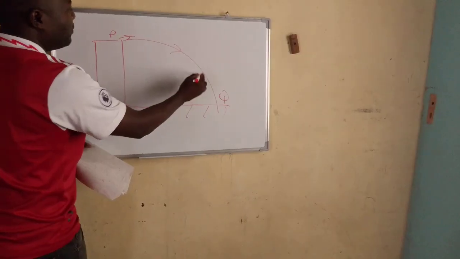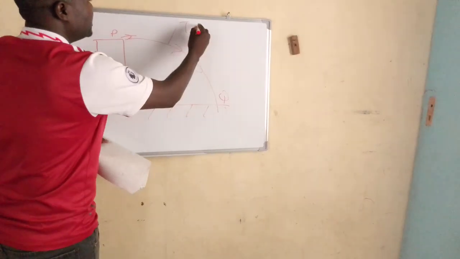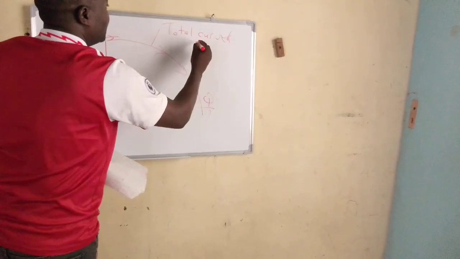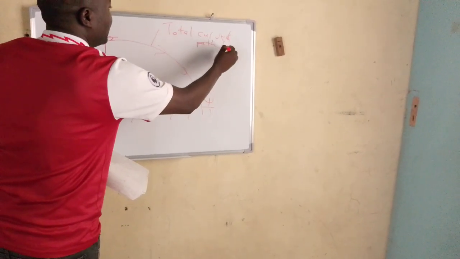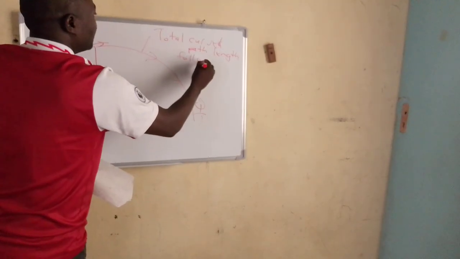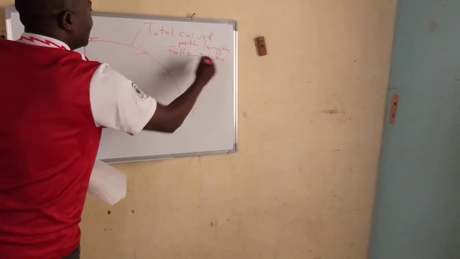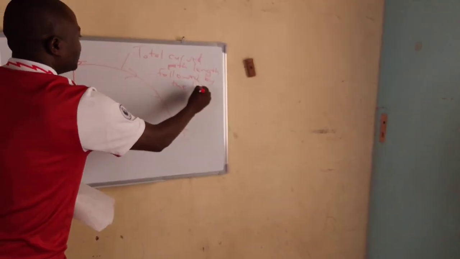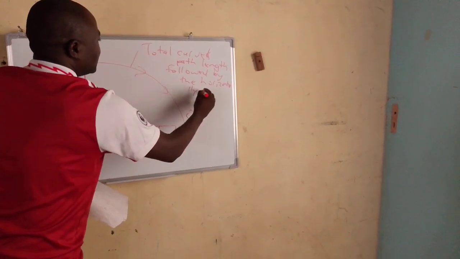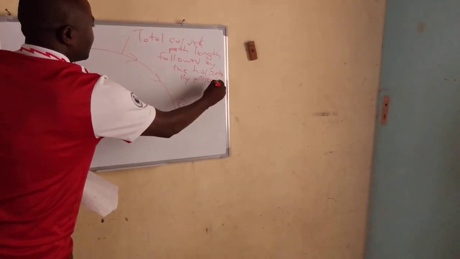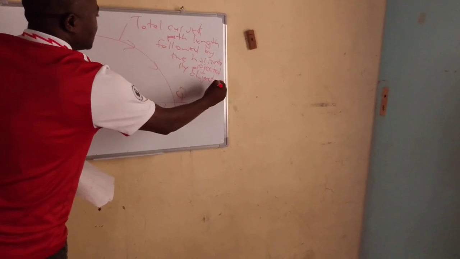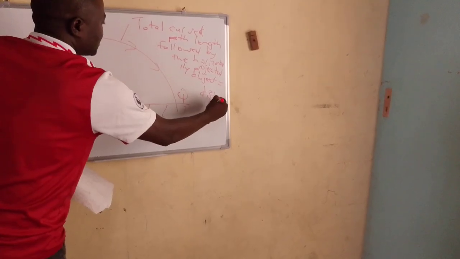So the total curved path length followed by the horizontally projected object is equal to distance.